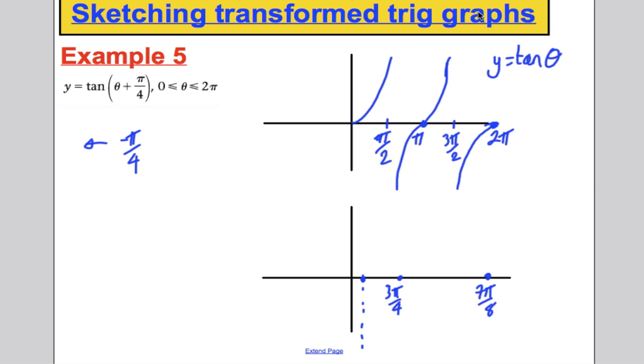So we're going to have something that looks a bit like this. And you're going to have yourself coming up a bit. And here you're also going to get a portion of the graph coming through here that would look a bit like so.